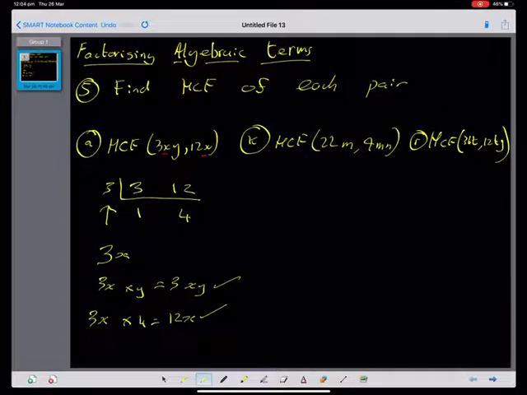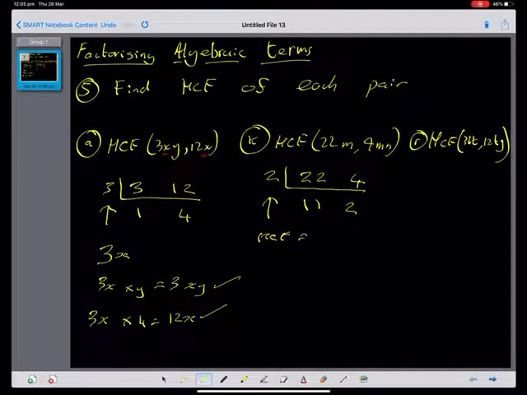Okay, so highest common factor of 22 and 4. So 22 and 4. Divide by 2 to get 11 and 2. So we stop. So this is the highest common factor. But don't forget we have an m common in both. So that becomes 2m.